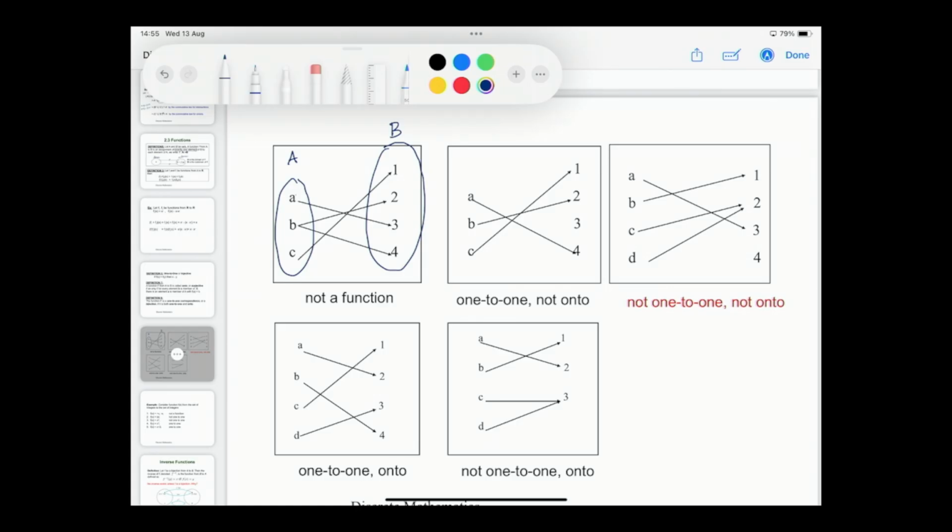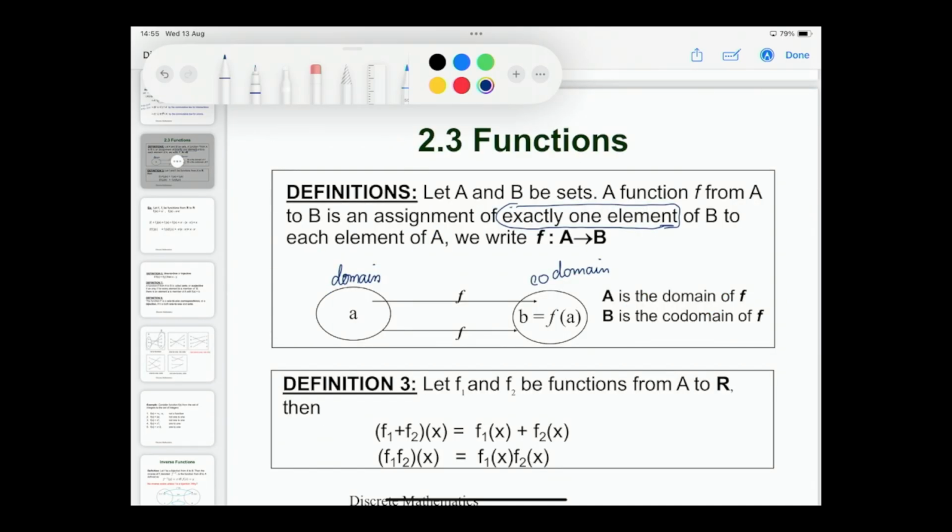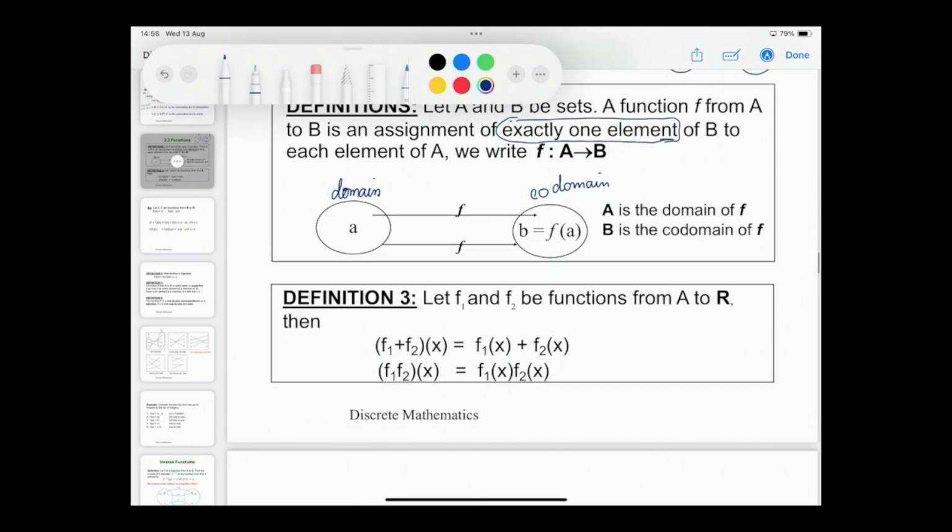If there is a mapping from A to B like this, based on the definition, exactly one element of B for each element of A. Just like here, this is from A to B. But if we have more than one, where another element of B is also mapped to A, this is not a function.